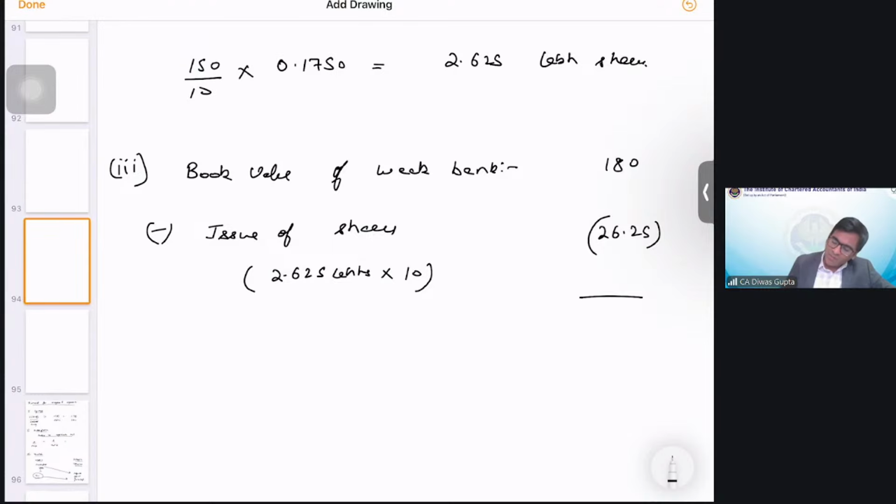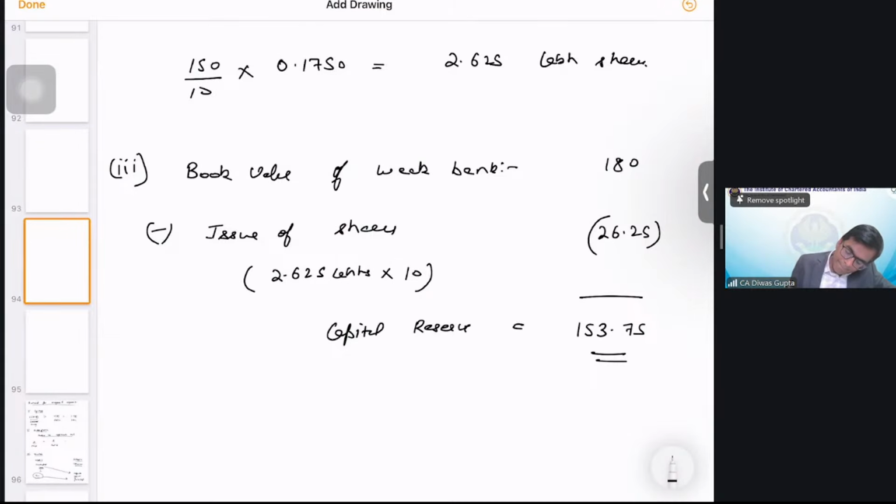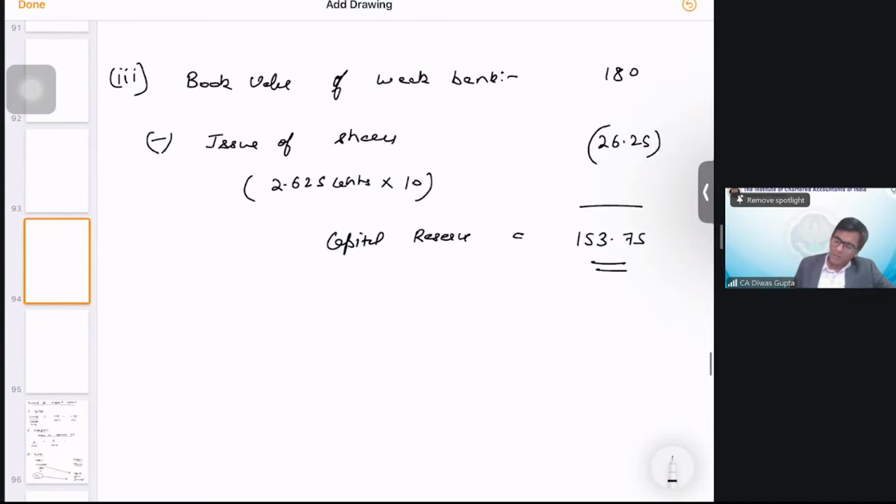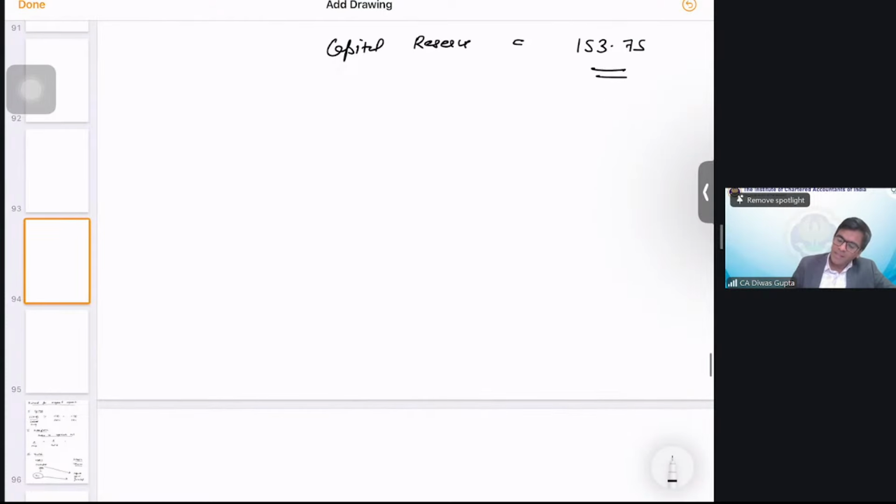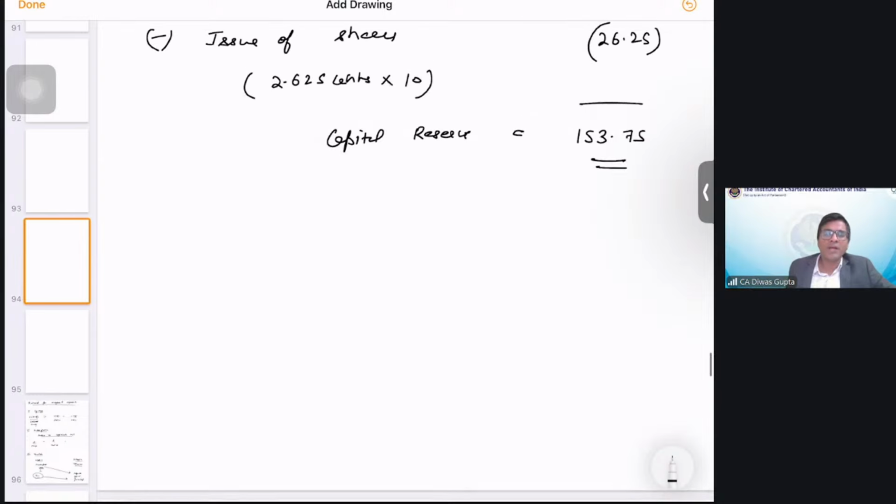So that means we are getting 153.75 lakh rupees of extra assets as capital reserve. This is something extra that we are getting in the form of a capital reserve.